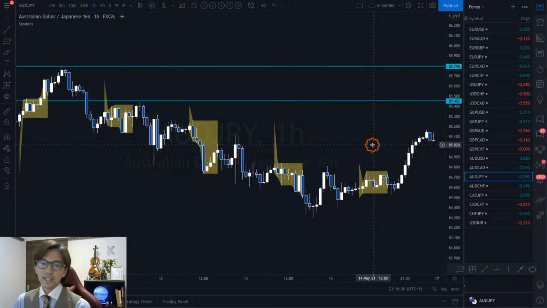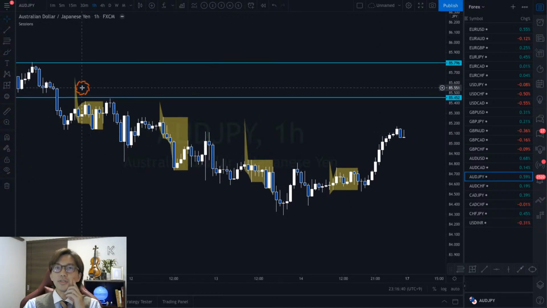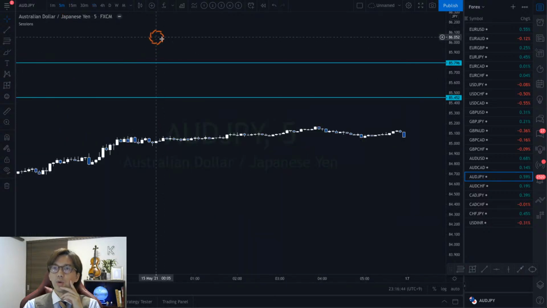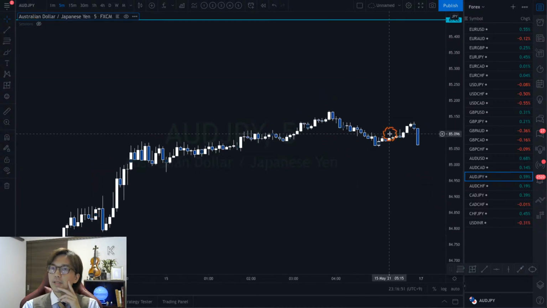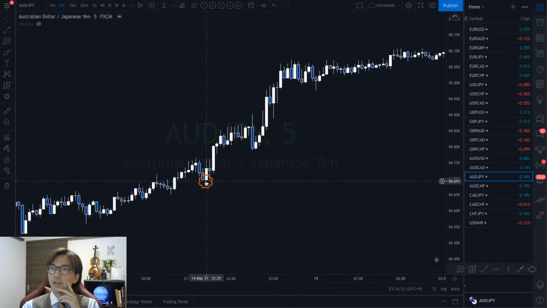So this is another indicator that I'm using also. And I also use the Fibonacci. Fibonacci is also my favorite indicator. If I just switch to the 5-minute chart, let's say you want to capture this bounce.